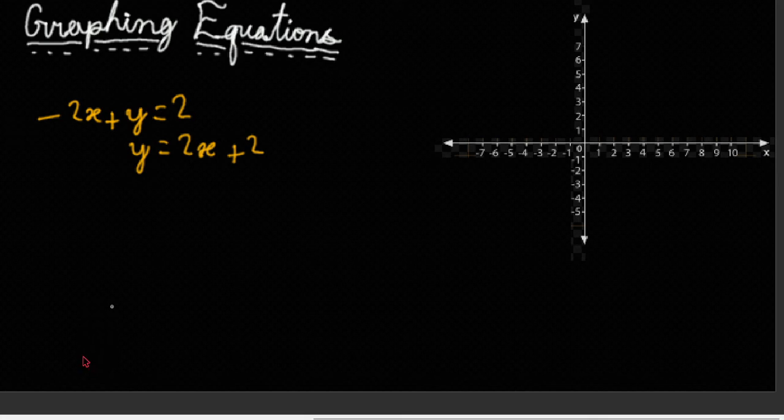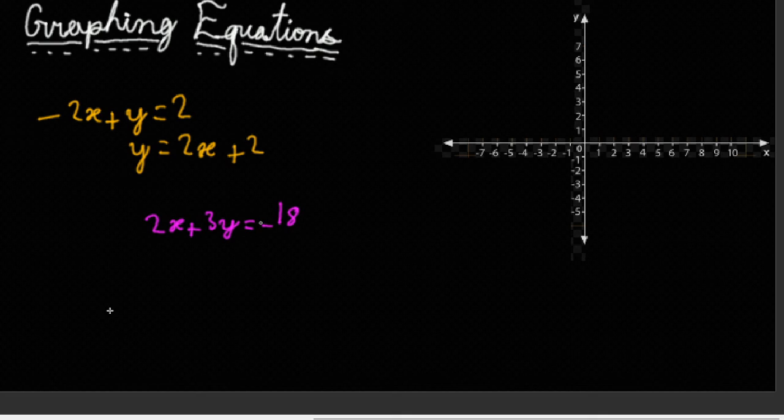Now for our second one. Our second one is going to be right here. Okay, 2x plus 3y equals negative 18.